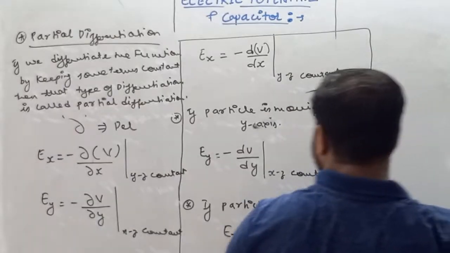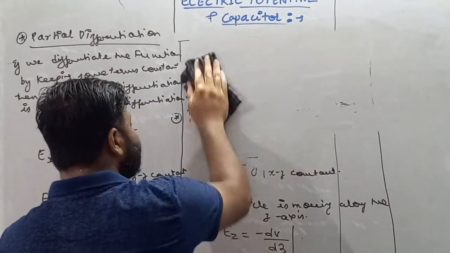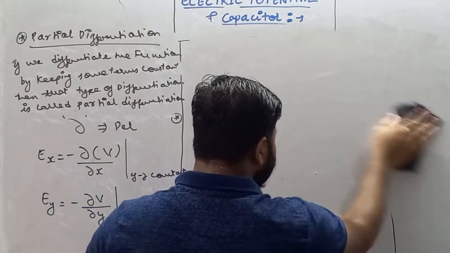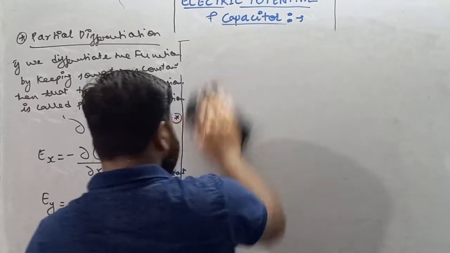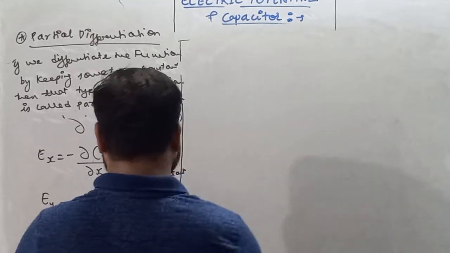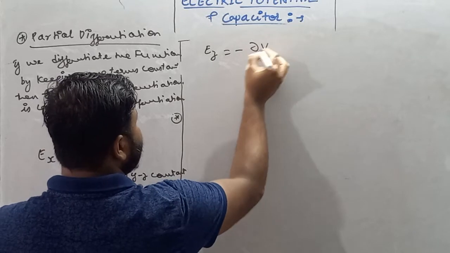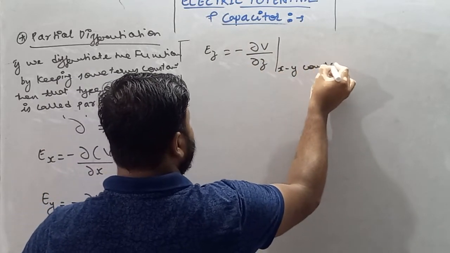Similarly, Ez is equal to minus del V by del z. Del V by del z represents differentiating the potential keeping x and y constant.